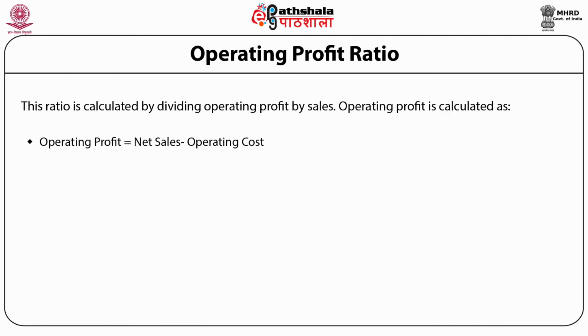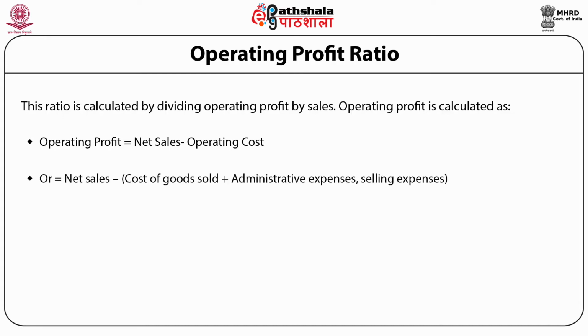Operating profit is calculated as net sales minus operating cost, or net sales minus cost of goods sold minus administrative expenses and selling expenses, and it is calculated using another formula, that is operating profit divided by sales multiplied by 100.